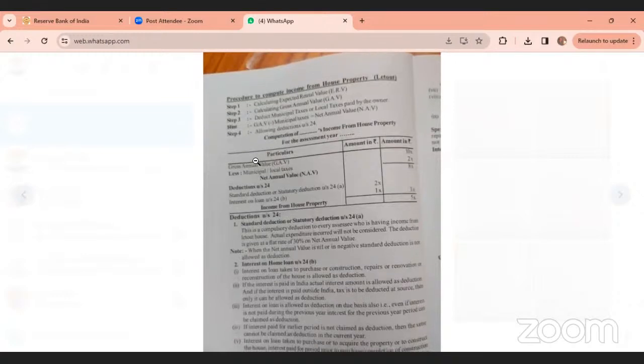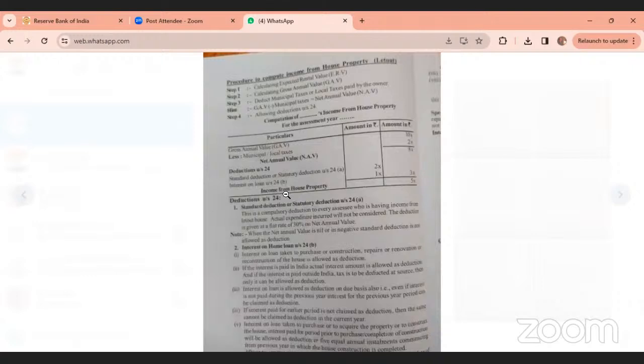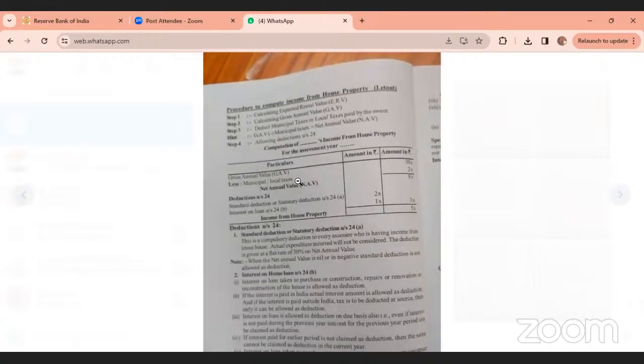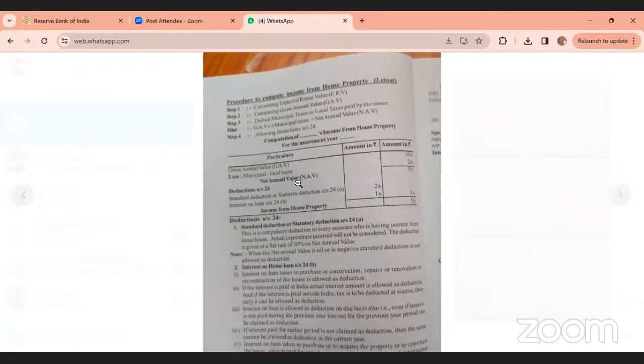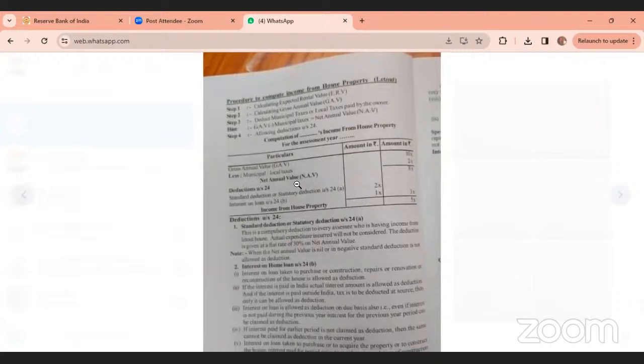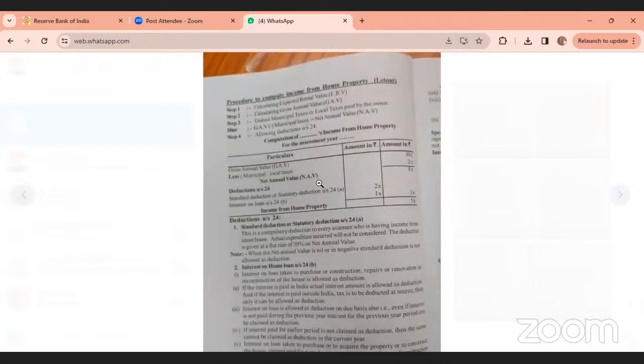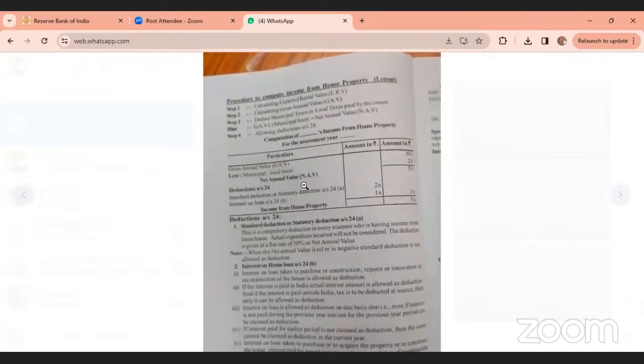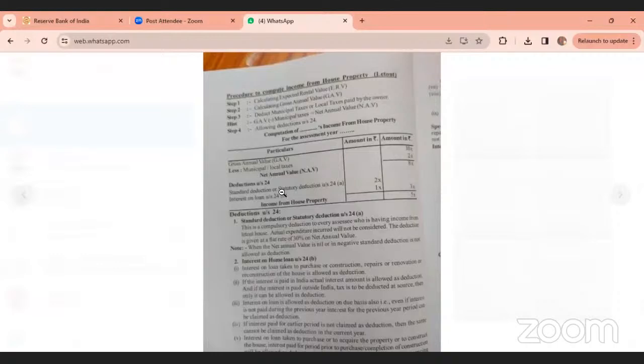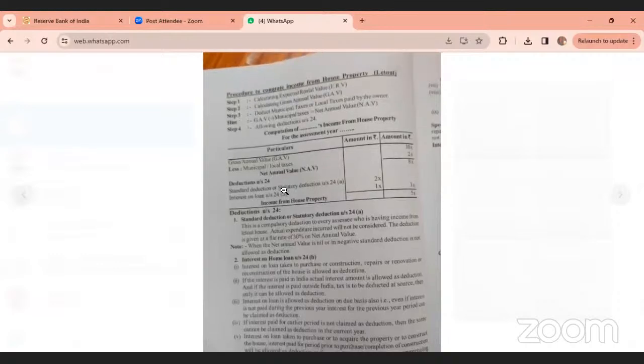What is the net annual value formula? Gross annual value minus municipal taxes is net annual value. From net annual value, deduct the deductions under section 24. This one is very, very important in your table.